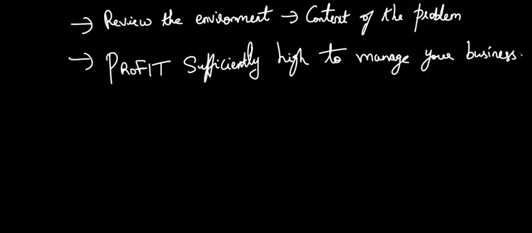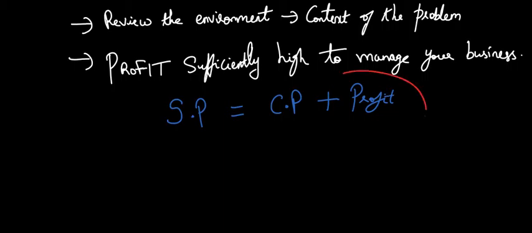So for any company, what is the basic formula? The selling price of any product is going to be the cost price plus the profit. So this profit should be high to manage your business. For this, you need to explore the nature of the problem.